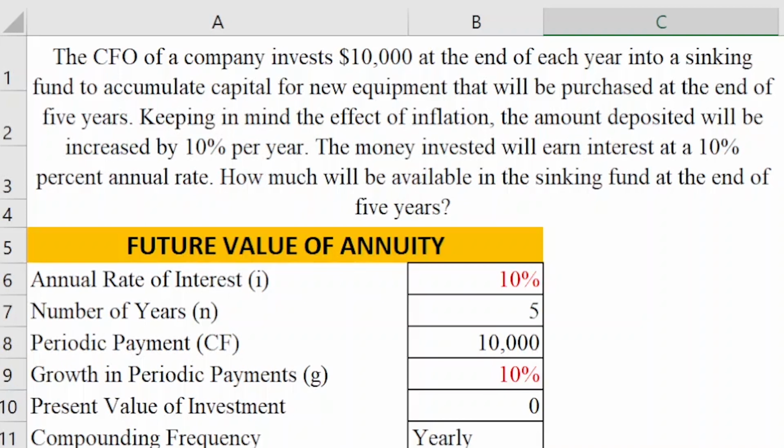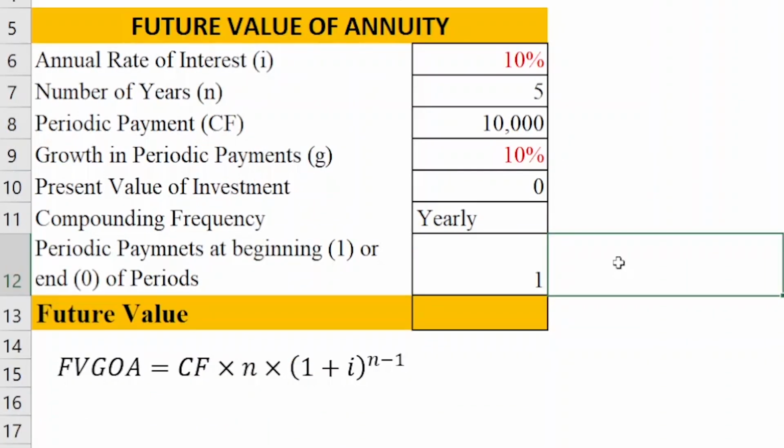How much will be available in the sinking fund at the end of 5 years? So annual rate of interest is 10%, number of years 5, periodic payment 10,000, growth rate is 10%, present value is 0, compounding frequency yearly, and payments are made at the end of the period, so 0, and we have to calculate the future value.